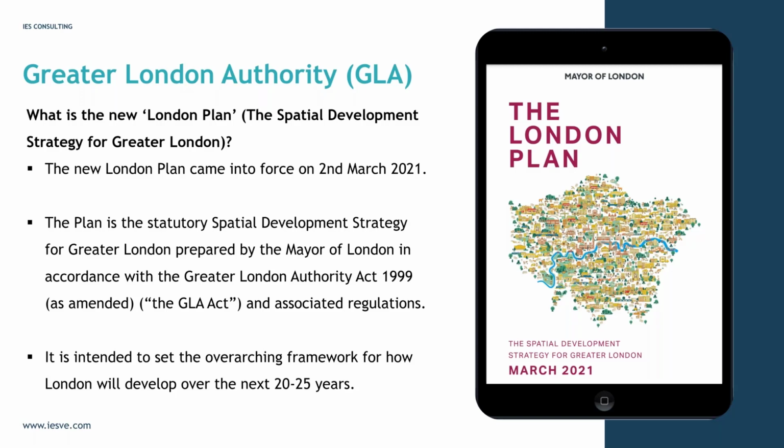It is intended to be used as a framework for how London will develop over the next 20 to 25 years and challenges applicants and their respective design teams to really focus their minds onto the strategically identified issues in hand, not least the climate emergency.